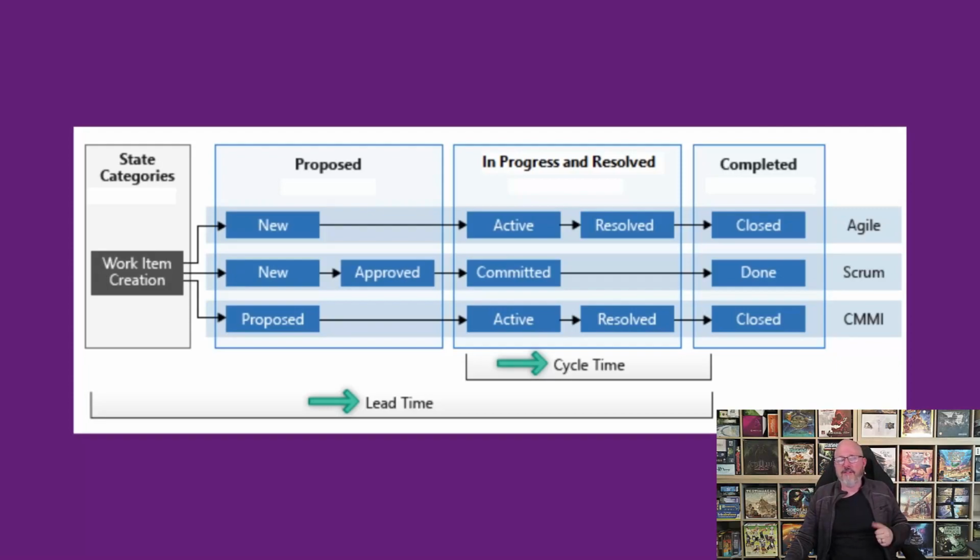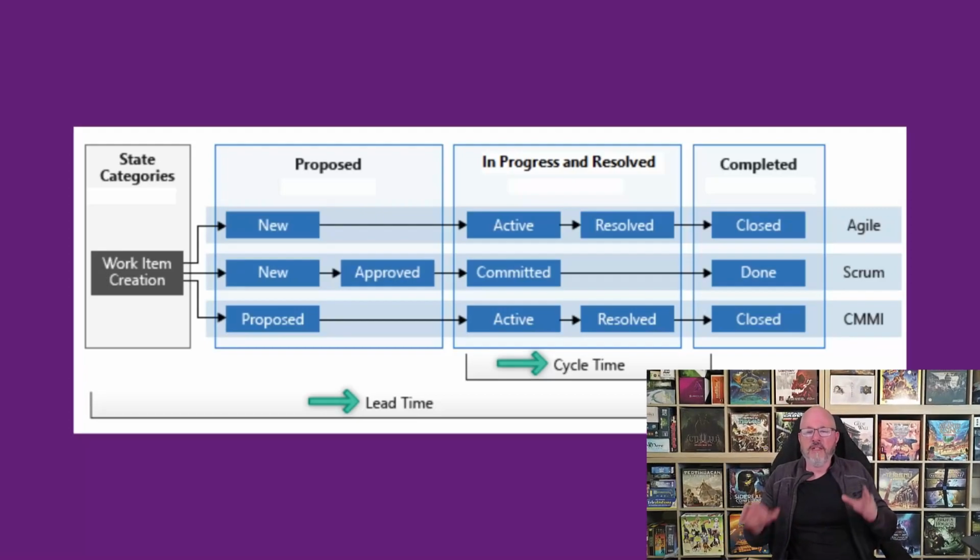Having an active and forced resolved state can limit the way you can configure the board, but you can work it into the way you do things for sure. Everything has a default closed state. So that's the flow of work from Azure DevOps' internals perspective, but we can configure that however we like on the board.